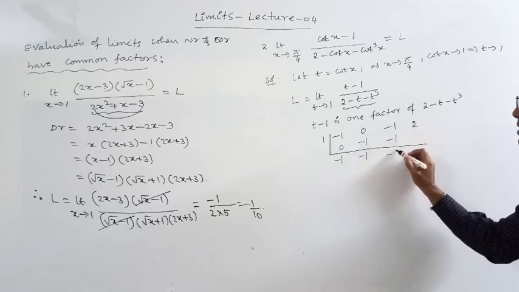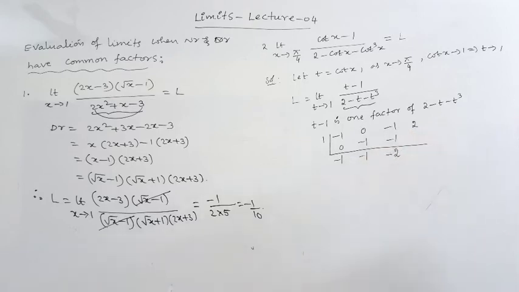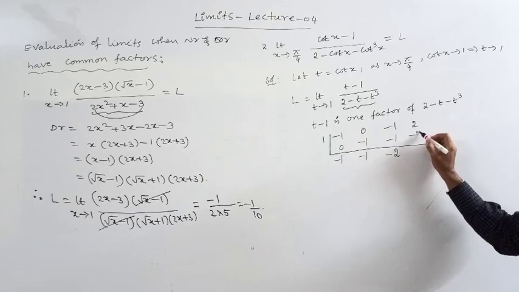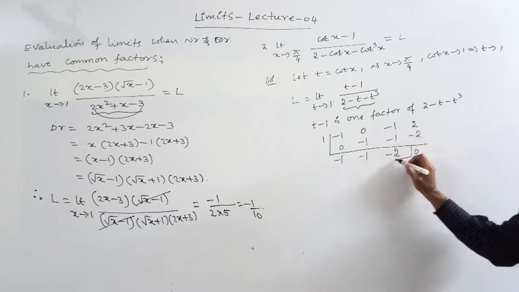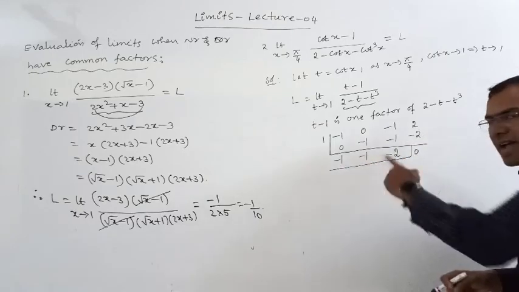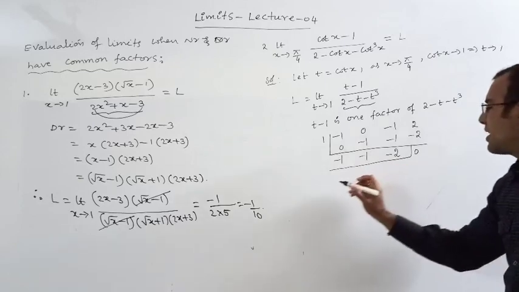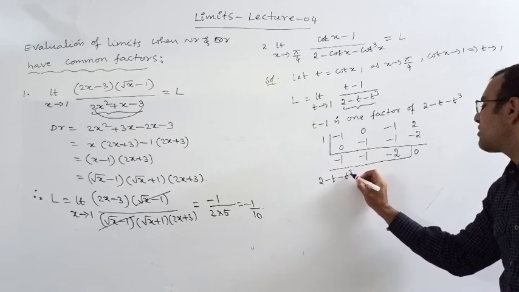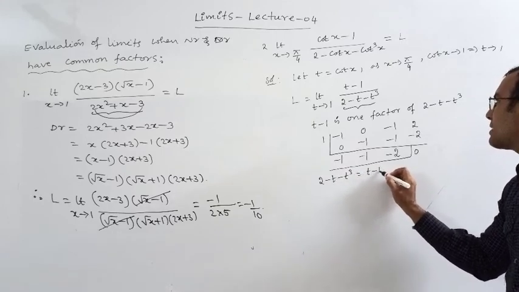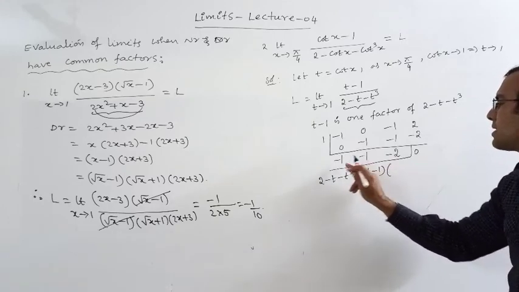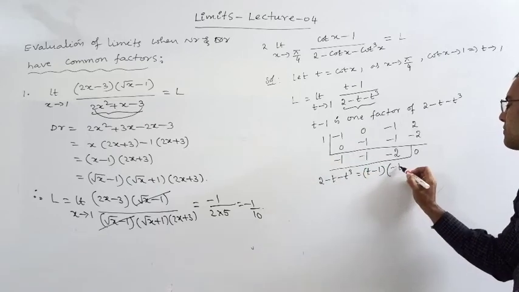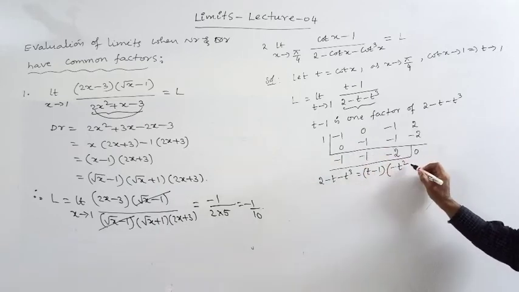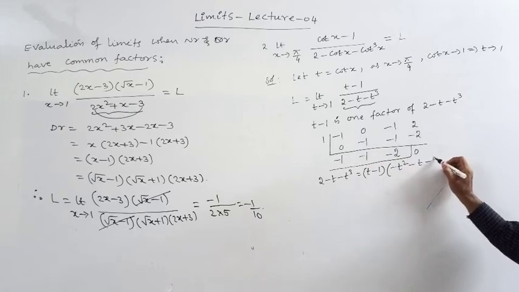Again add, minus 2. Here you will get minus 2. This becomes 0. This is the rest of the factor. So therefore 2 minus t cube equal to (t minus 1) into (minus t square minus t minus 2).